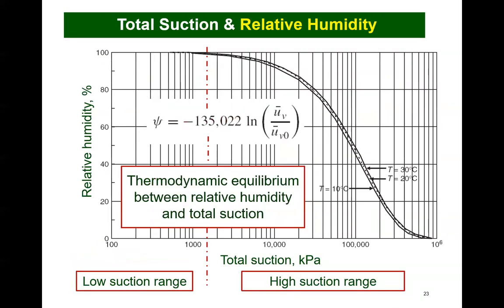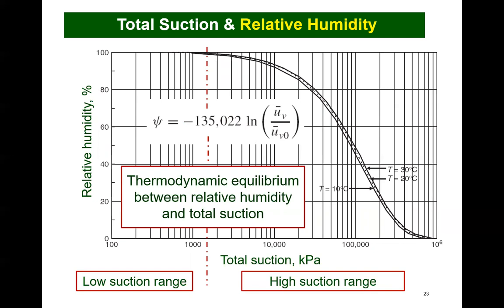The thermodynamic equation presented on the previous slide can be plotted to illustrate the relationship between relative humidity and soil suction. The total suction scale on the abscissa is plotted from 100 kilopascals to 1 million kilopascals.